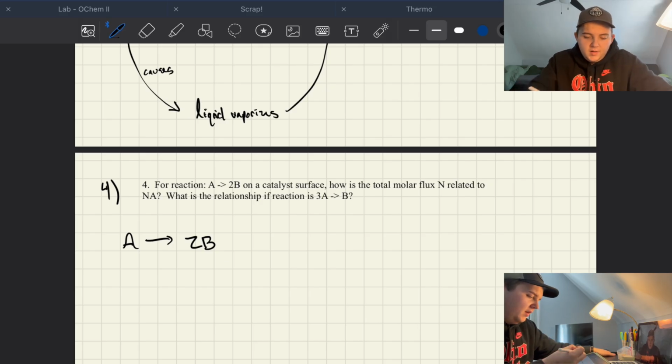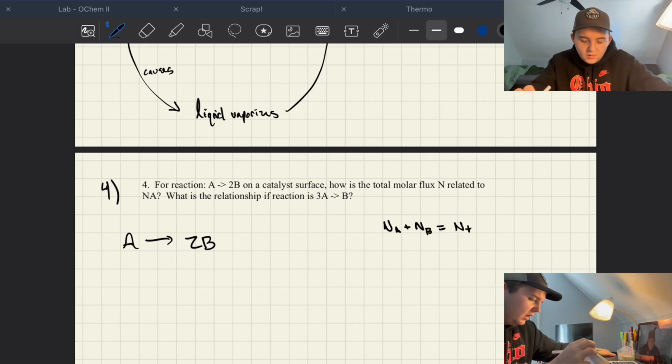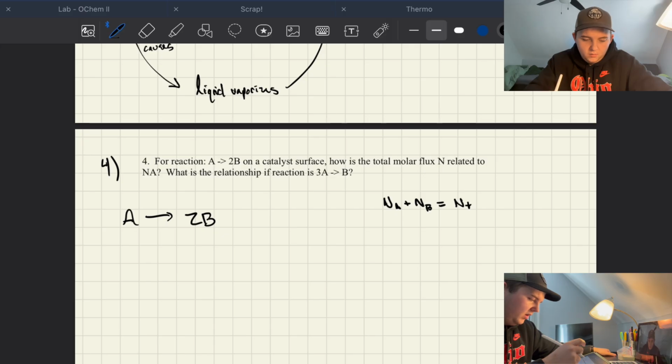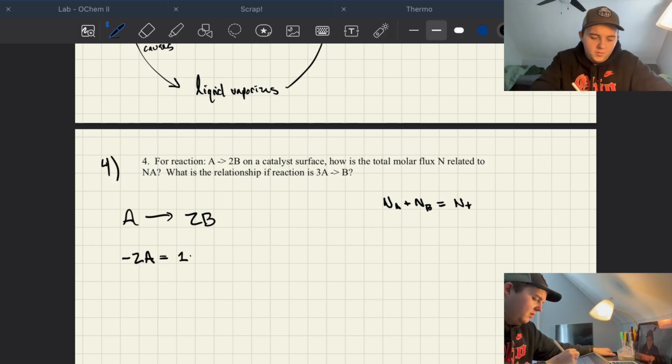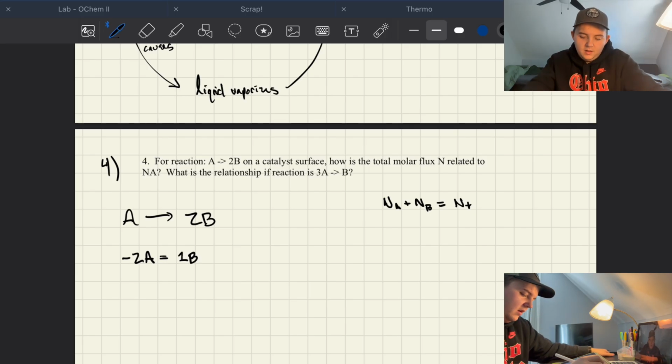To start, we know NA plus NB equals N total. To relate NT and NA, we need to solve for NB. We know 1A equals 2B, so that also means negative 2A is going to be equal to B. Or 1B, I'll write 1B because it makes a little more sense.